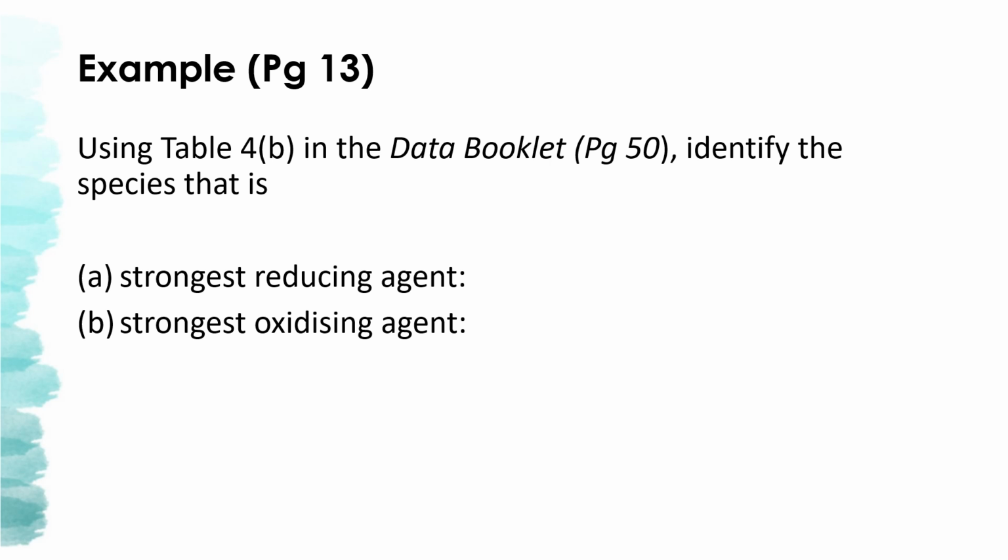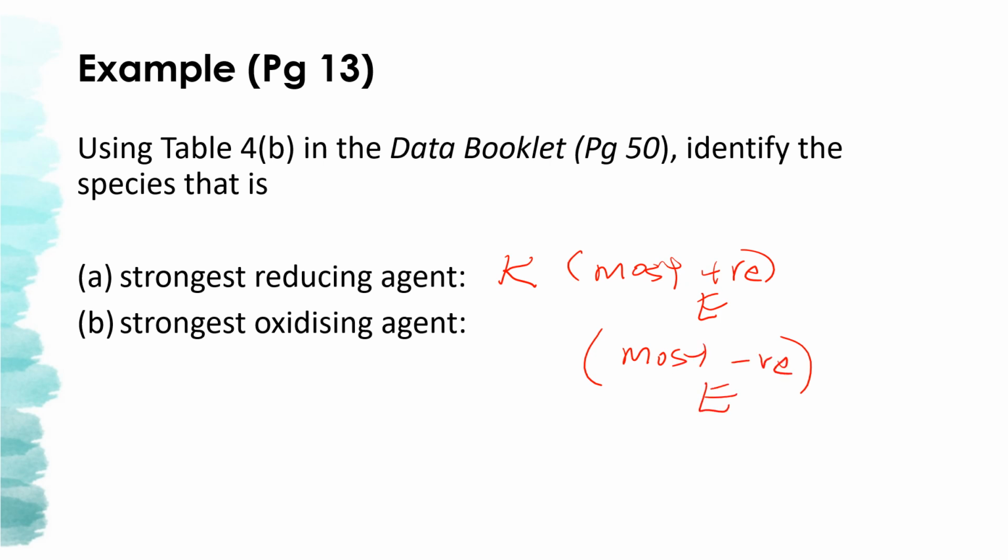You should ask your friend and see whether you arrive at the same answer. So the first one should be K, because it is the most positive E value. Okay, so for the strongest oxidizing agent, you should look for the most negative E value, and please go and hunt for it and compare with your friends. Okay.